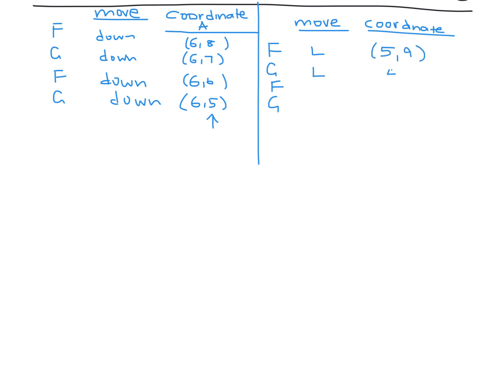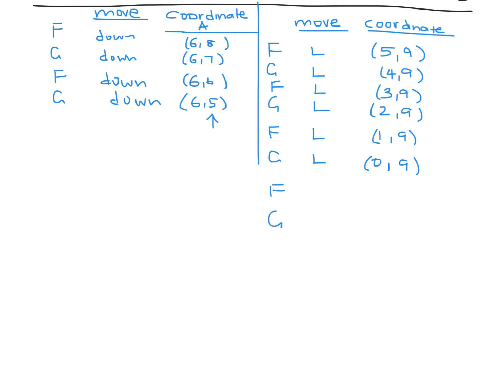Left again, 4, 9. And then left again, 3, 9. And then left again, 2, 9, and so on. Eventually, if you keep going left, this will be 1, 9, and then 0, 9. But at 0, 9, Faisal or Jeff or anybody can't go left again because you can't have negative numbers.